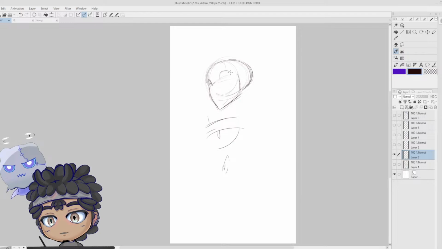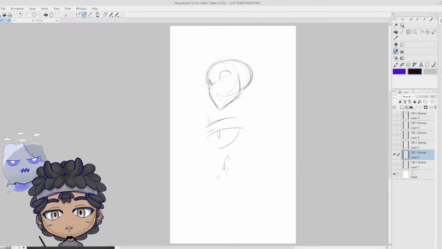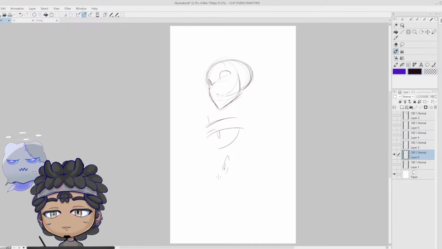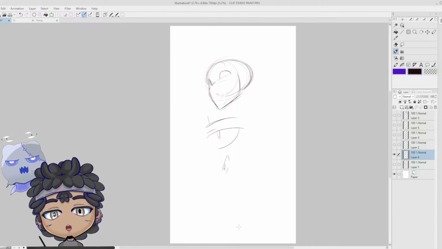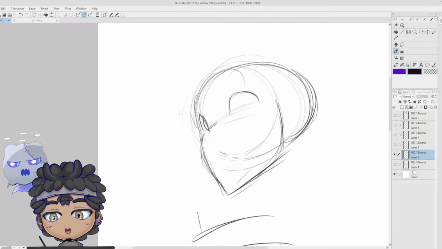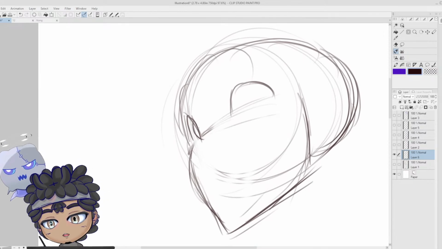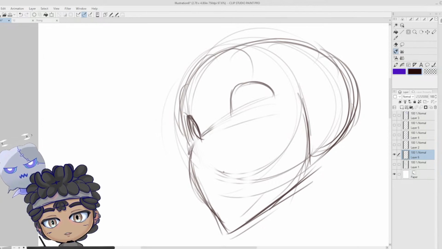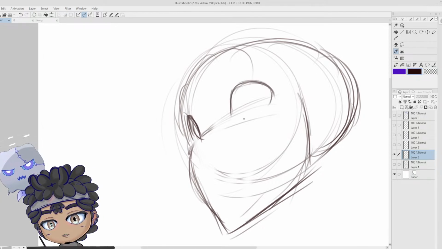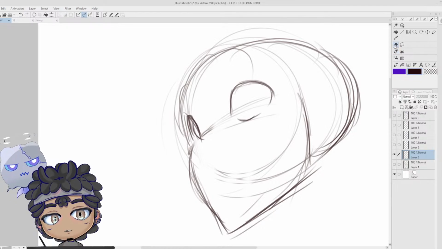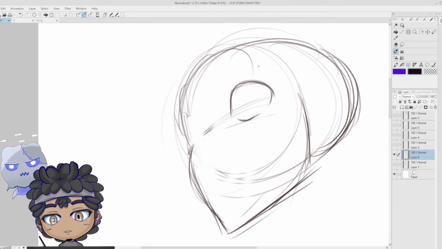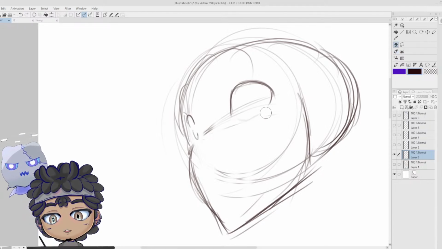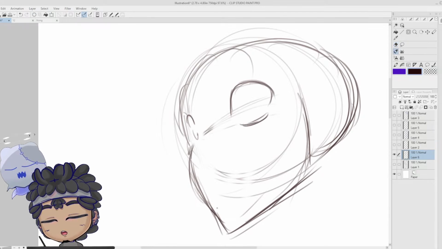Now, a lot of you do this thing where you make one eye big and the other one small. I understand how that kind of works, but that is the most wrong thing to do, because it's going to look really distorted. You'll draw one eye bigger than the other and it looks really strange.